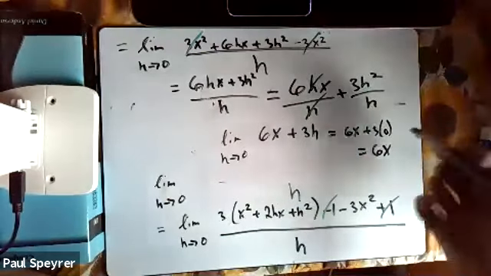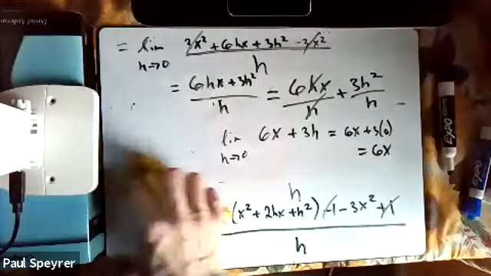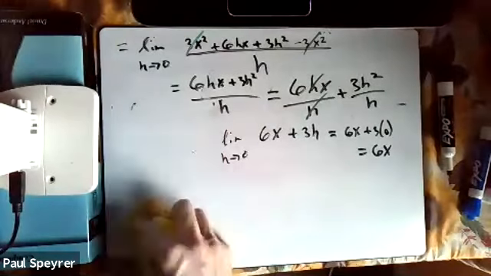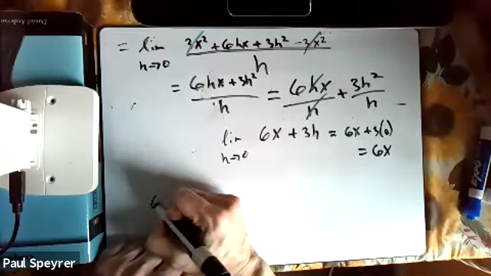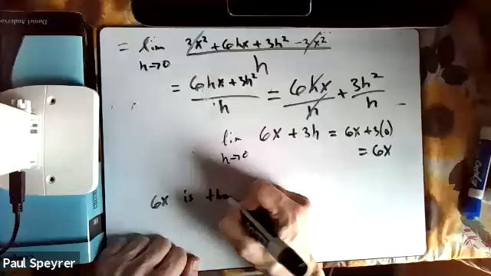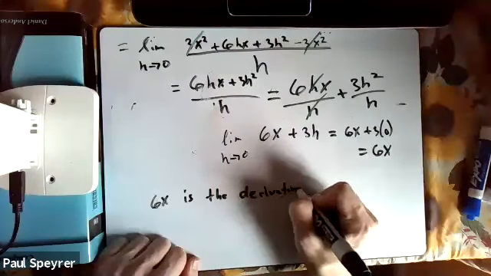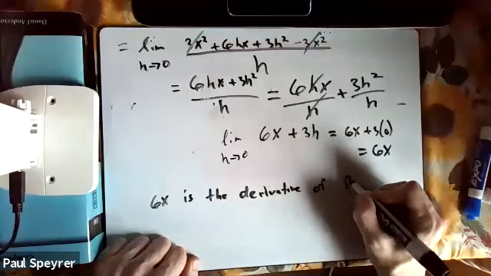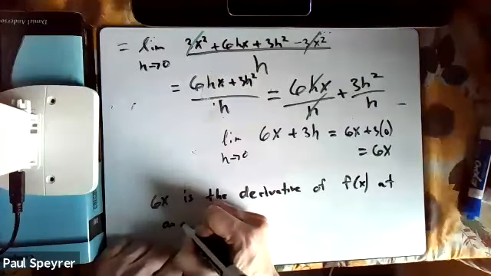Now, what does this 6x represent? 6x is the derivative of f of x at any point on the curve.